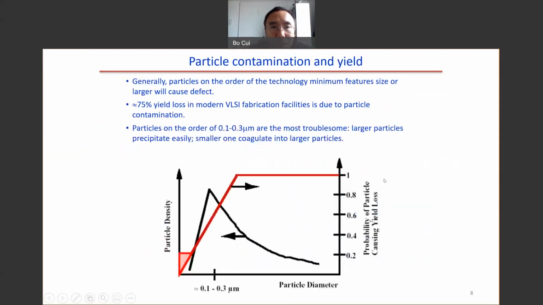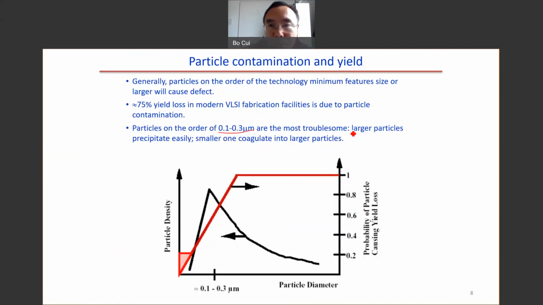Generally, the particle size will kill the device when they are close to the device's critical feature size. 75% of the yield loss in the VLSI, very large scale integrated circuit fabrication facility, is due to particle contaminants. The critical size is 0.1 to 0.3 micrometer.